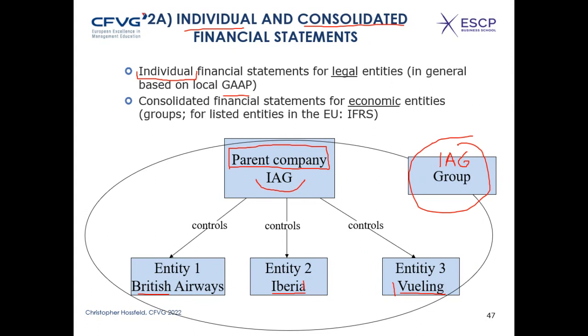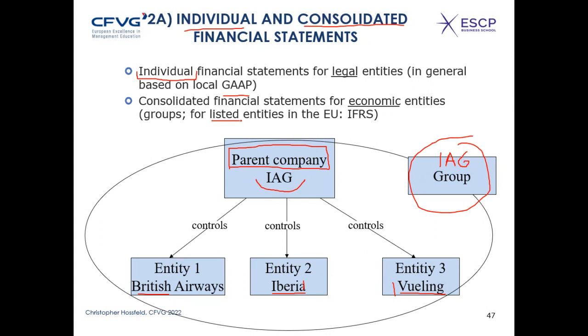And as we have seen on one of the previous slides, in the European Union, for those consolidated financial statements, companies need to apply IFRS if the entities are listed. So, by the way, what do you think? Which company is listed here? Because remember, in the EU, IFRS is only required if the company is listed. But which company are we talking about here? Because I have four legal entities, each of those could be listed.